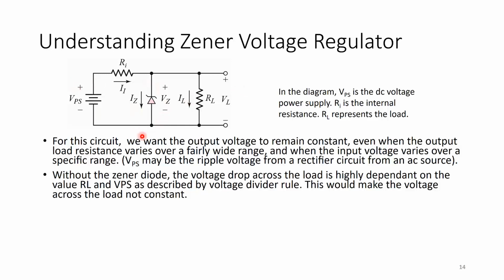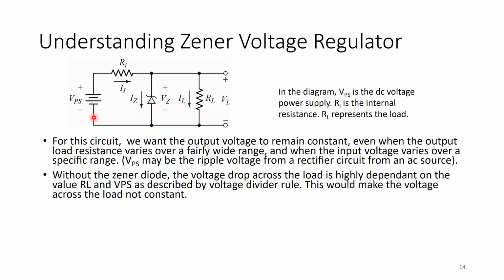Now if that happens, the voltage drop across the load RL, which is VL, is highly dependent on the value of RL and VPS as described by the voltage divider rule, meaning that any variation at VPS, VL will show the same kind of variation linearly. And if VL relies only on RL, then it will be Ohm's law, a linear relationship.